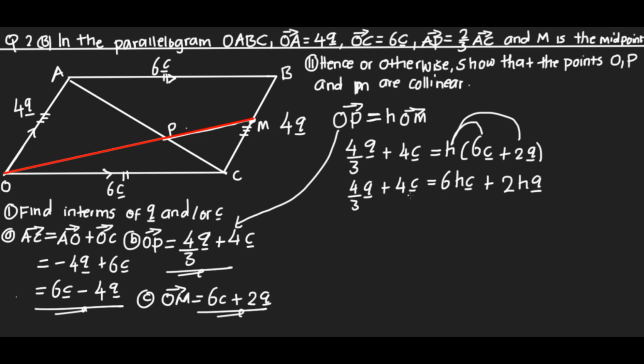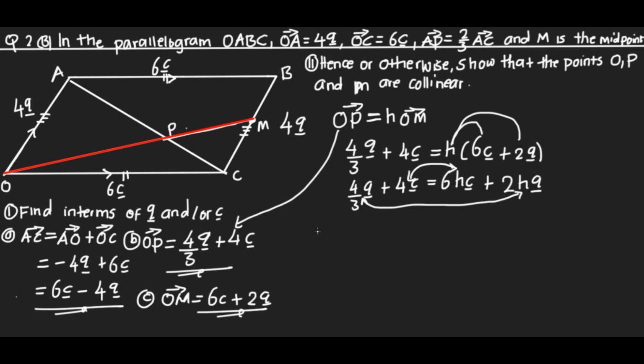Then the expression that has Q will be equated to the one that has Q. The target is to prove that the value of H for this expression must equal the value of H for this. So let's solve for H.